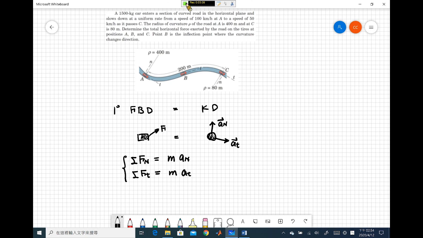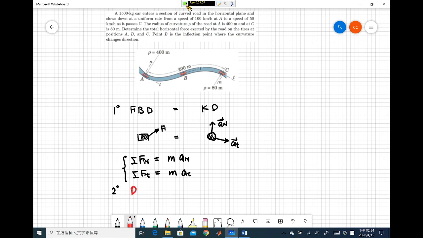Now we don't know any Fn or Ft at any points. We don't know the an or at at any points. Now the only thing we know is velocity at A, velocity at C, and we know the radius of the curvature at A and at C, and we know the at will be a constant, and we know the mass of the car. Okay, so for this problem, we have to start with the motion variables.